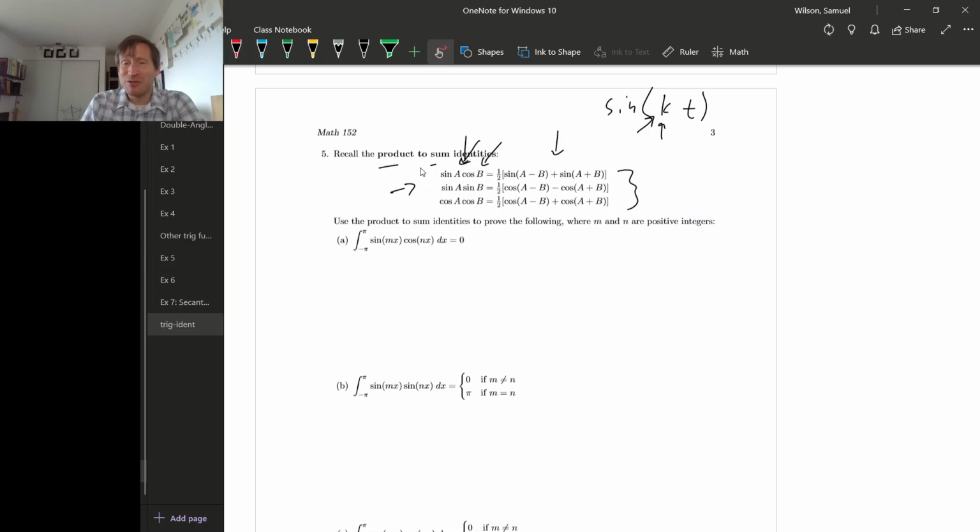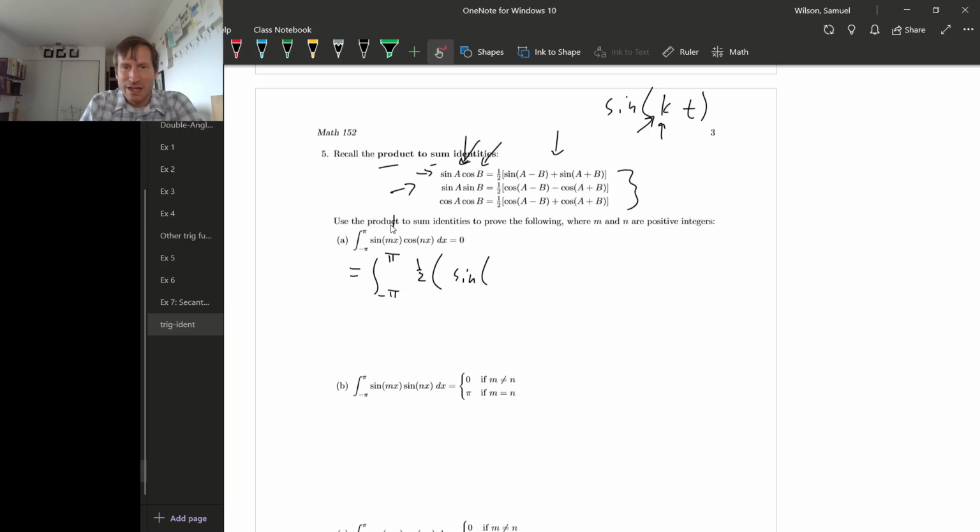So since I have this whole setup with the product to sum identities, I hope that your first idea is to use the product to sum identity here. So this product to sum identity for a sine times a cosine is this first one. So 1/2 sine of the difference of these two. So it's the one inside sine minus the one inside cosine.